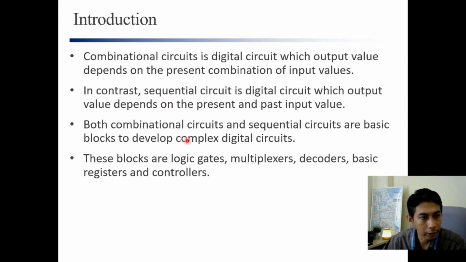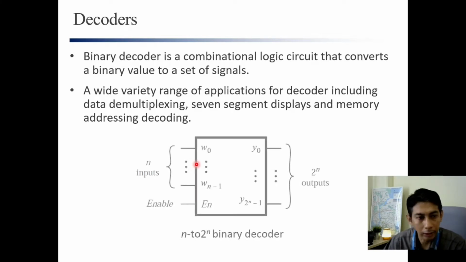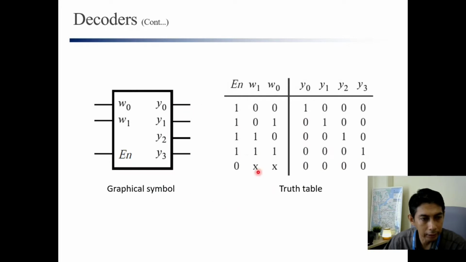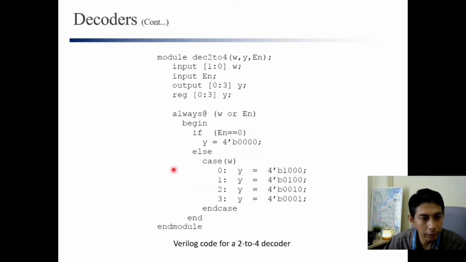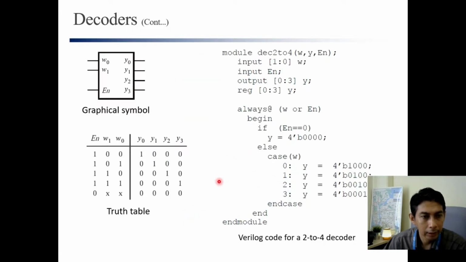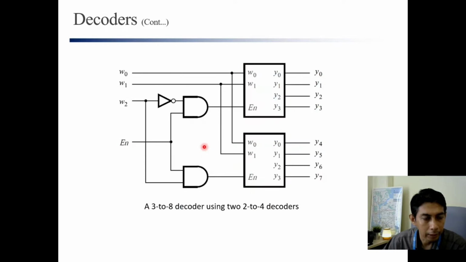So last week we learned how to design a decoder, and this is the simple decoder, the 2 to 4 decoder. This is the schematic of the decoder, and we also learned how to code it using VHDL, using behavioral modeling here and structural modeling here.